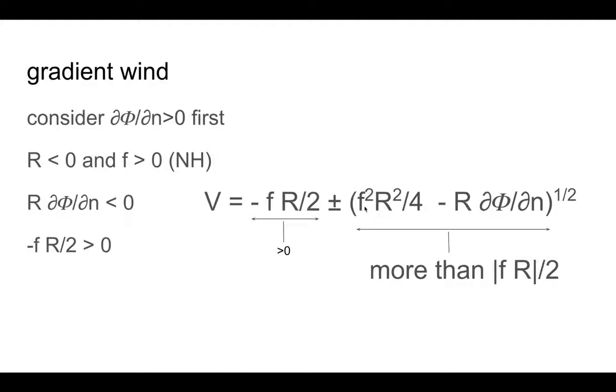Okay, so we're taking f squared r squared over 4 and basically adding a number to it, adding a positive or subtracting a negative. So after taking the square root, we got a bigger value than the absolute value of fr over 2. We are adding and subtracting that from this positive number, fr over 2 with the minus sign.